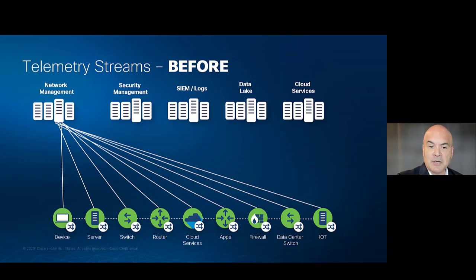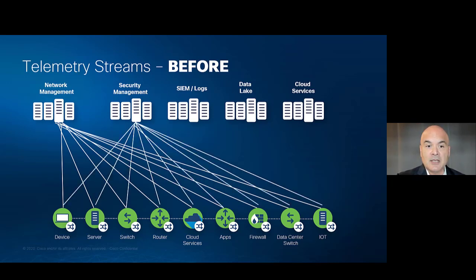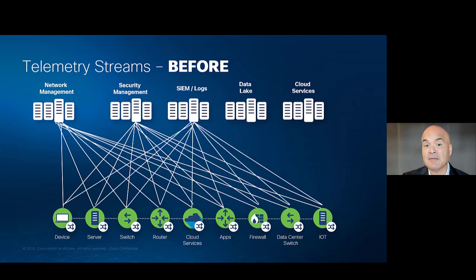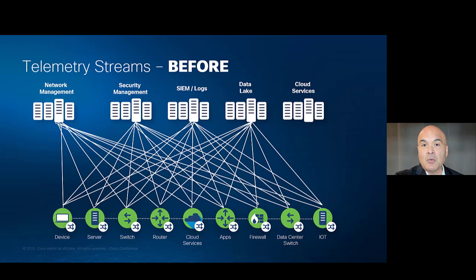So here you have network management wanting a copy of some of the telemetry. You may have a security management setup wanting a copy of the telemetry. You may have a SIEM setup that also wants a copy of the telemetry. You can get the pattern here. Everybody wants a copy of the telemetry, and without an architecture here, you do run into problems.